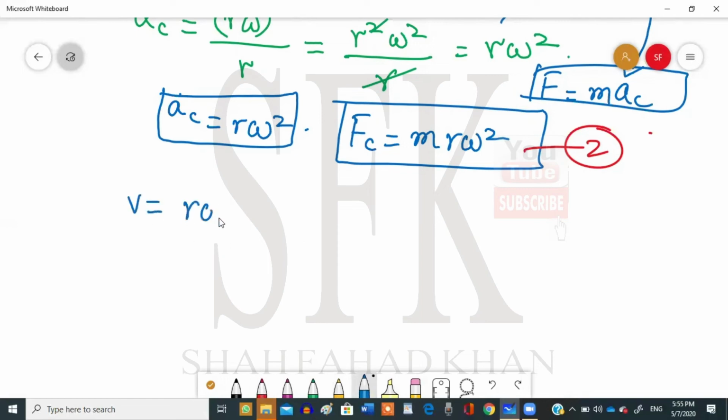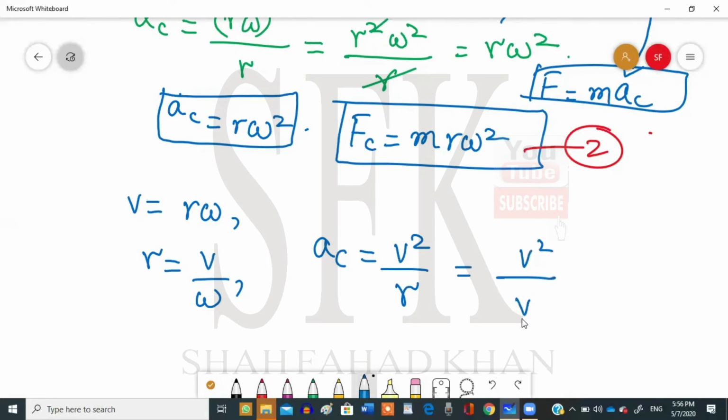v is equal to r omega can also be rearranged by making r the subject: r is equal to v upon omega. Now place this into the original ac expression of v squared upon r. Instead of r, place v upon omega. So it becomes v squared upon v, and since omega is in the denominator, it will go up over here.